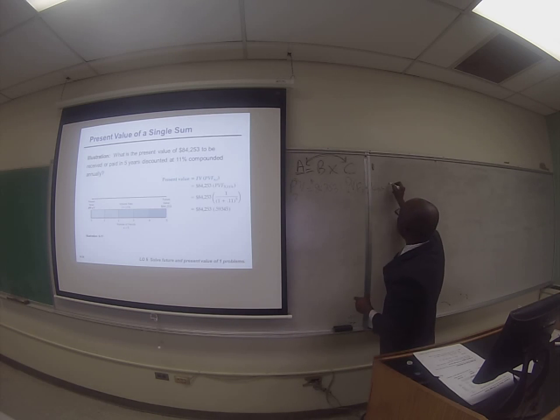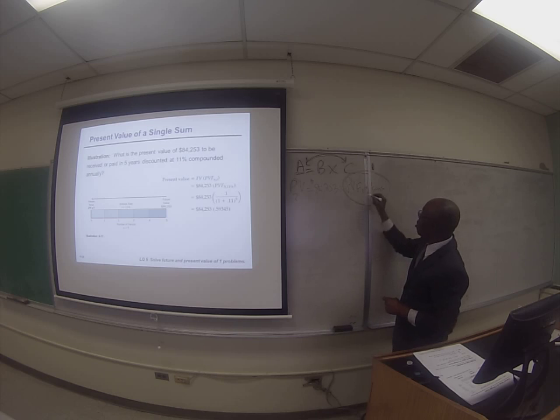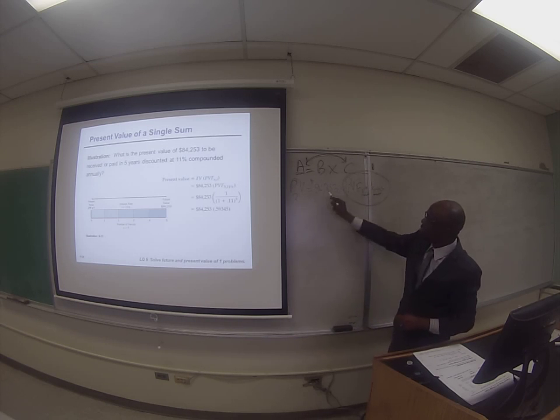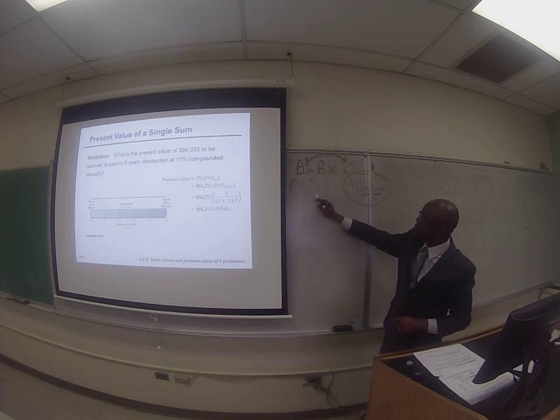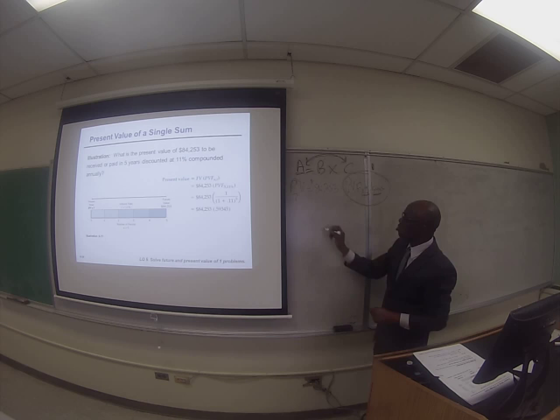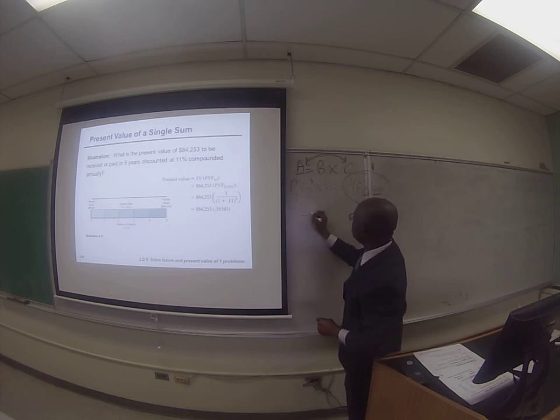Alright? So we either use the formula or we use the table to determine the present value interest factor of 11% for 5 years. I multiply that by the future value to get the present value. So let's work that out.